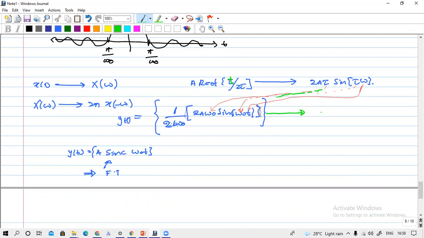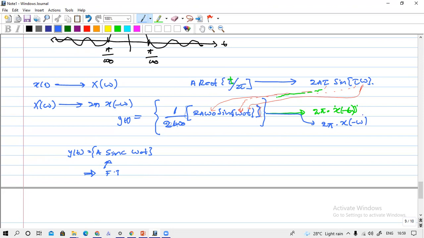Here I can use the duality property, and I can use directly X of minus t, minus omega, sorry. So this t should be replaced with minus omega. So I replace it.